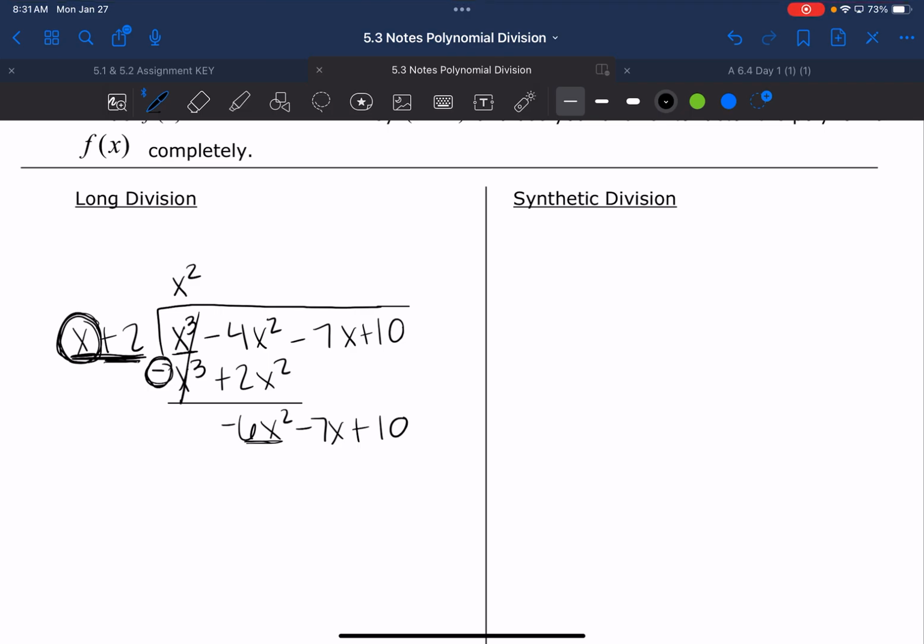So I'm going to put a negative 6x up here. So negative 6x times x gives us negative 6x squared. I also have to multiply that negative 6x by the 2, which would give us negative 12x.